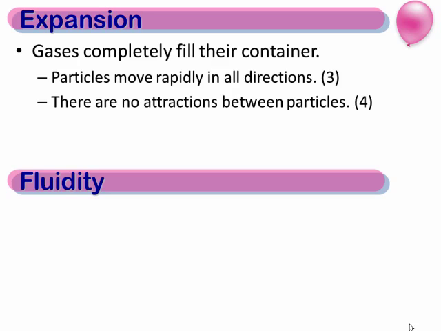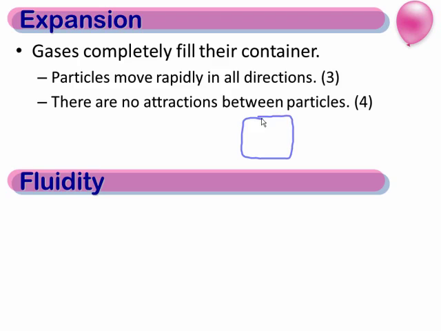Particles move rapidly in all directions is one of the postulates that support this, and there are also no attractions between particles. So if I have a container that's connected to a different container, one of them is filled with gas particles, the other one is not, and if I open the valve that connects them, we would see that gas particles would move from one container to another.